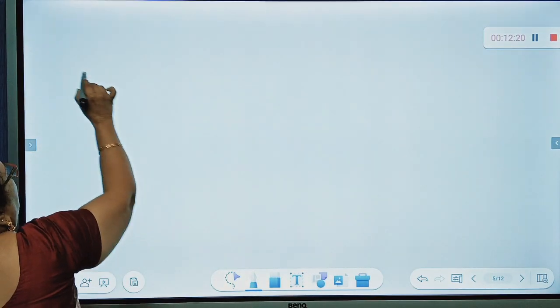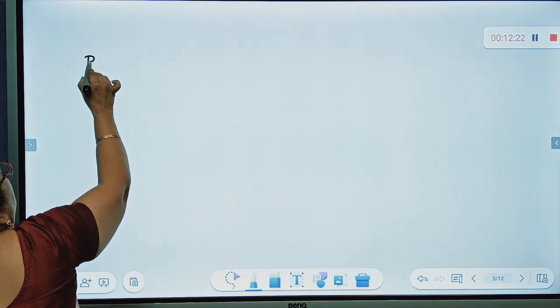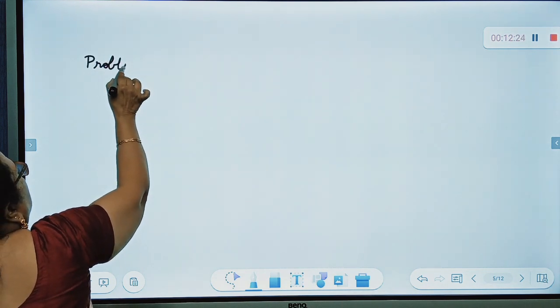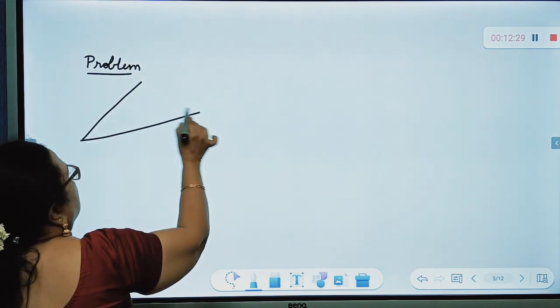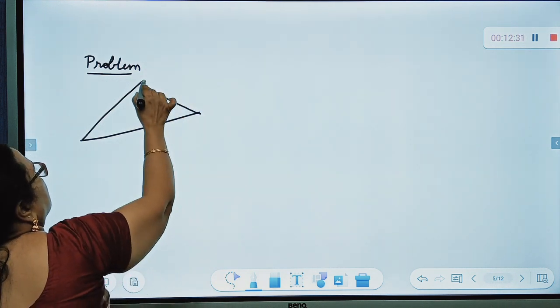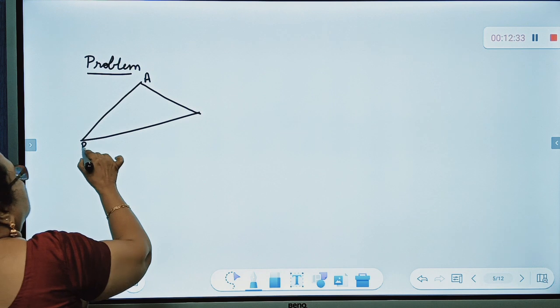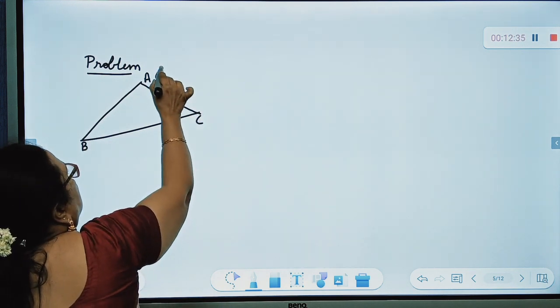Suppose I give you a triangle. Let us look at this problem. You have a triangle ABC. I am giving the vertices.